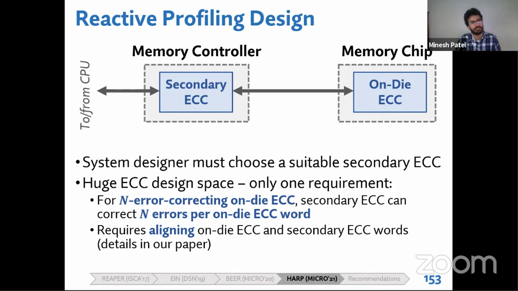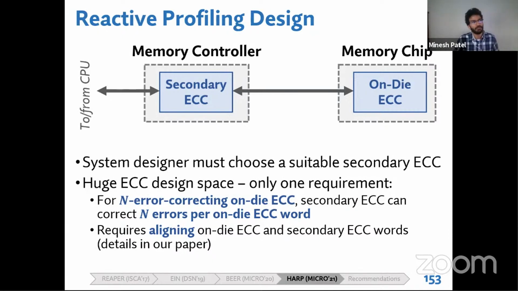And also secondary ECC provides a very neat correction capability. So for every ONDA ECC word, secondary ECC could potentially provide that correction capability in a very obvious manner. However, as you said, other techniques can potentially be used to perform this reactive profiling. So if we consider even a software level approach, say some sort of mechanism that uses replication, like task replication, potentially whenever an error is discovered there, the software mechanism has a way to discover that an error has occurred and recover from the error, maybe by reverting to a previous checkpoint or exploiting some redundancy within the software itself.